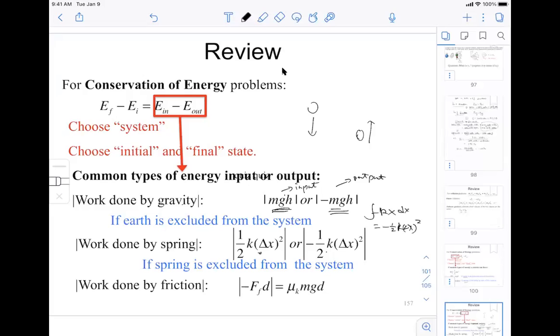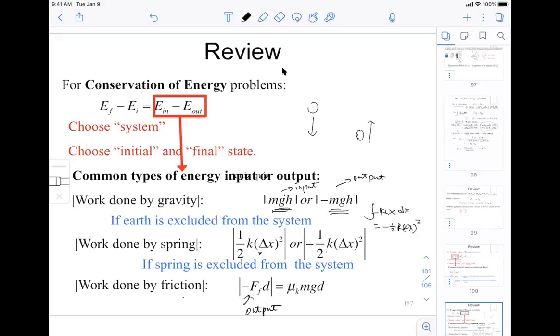It can be an energy input or an output. When your spring launches something, you're making the object speed up. That will be your energy input. When you slow something down, like a train, right? You use a spring to stop a train at a train station, and that is an energy output because it's slowing down.